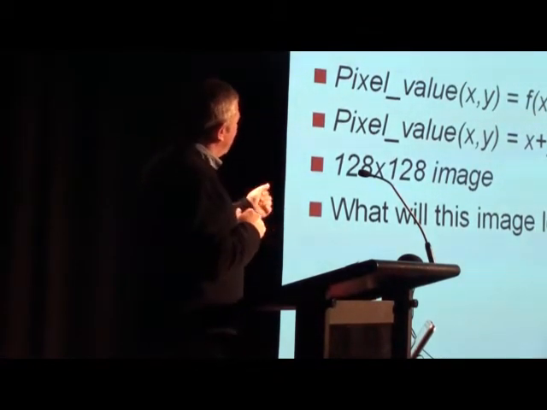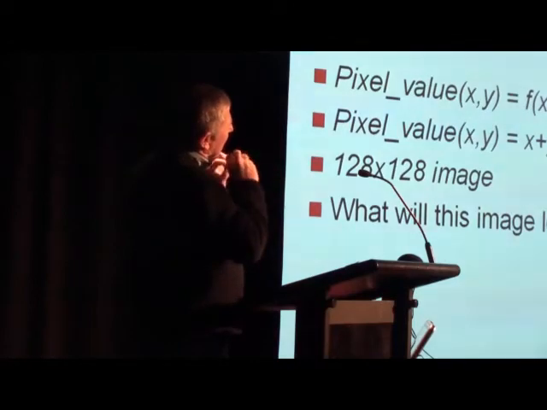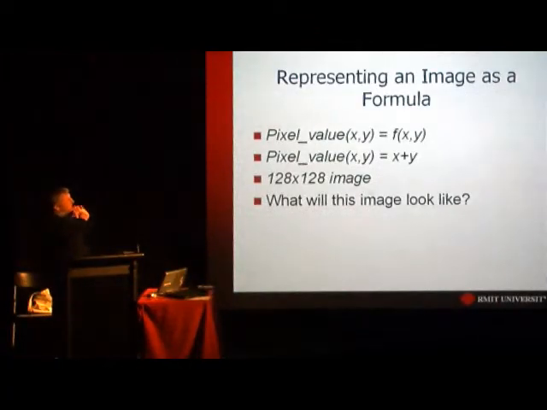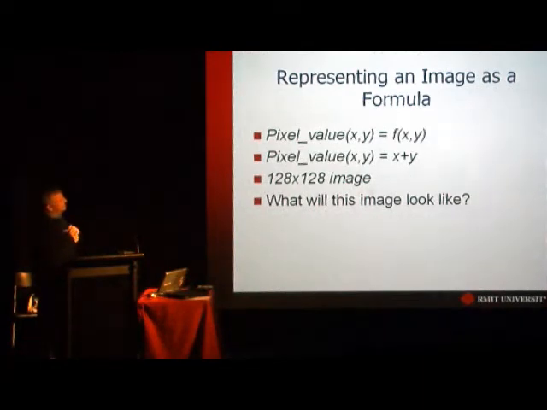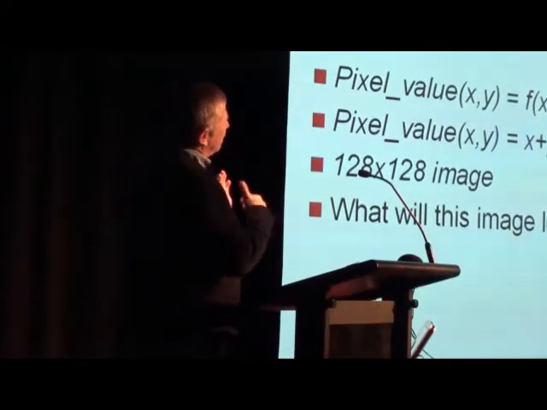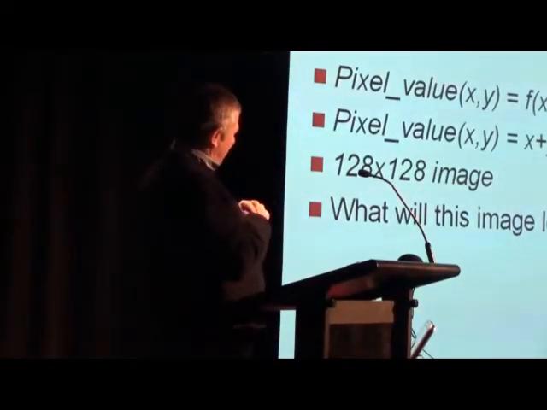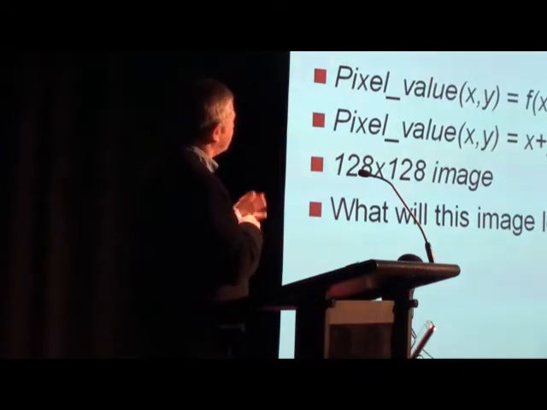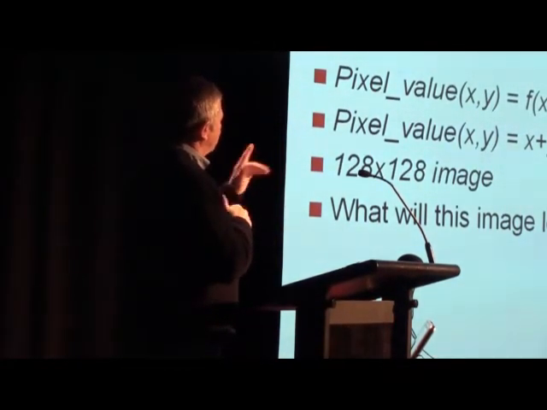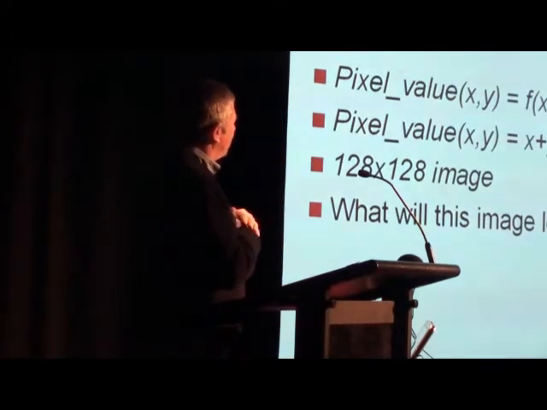The example here, suppose we say that the function we're going to evaluate is x plus y, and for convenience, and you'll see why it's convenient in a second, we'll just assume we've got an image that is 128 by 128.